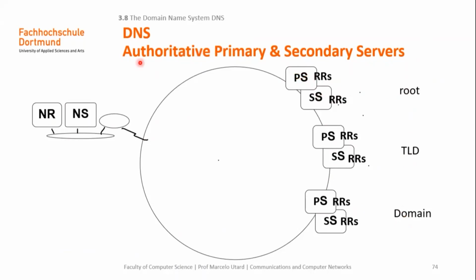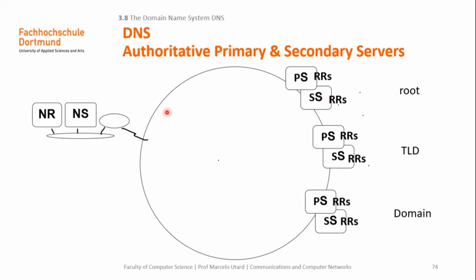There are other authoritative servers called the authoritative secondary servers. Any zone needs to have at least one primary server and one secondary server. Typically, any zone has one primary server, but more than one secondary server, in order to offer a high availability service to the internet.